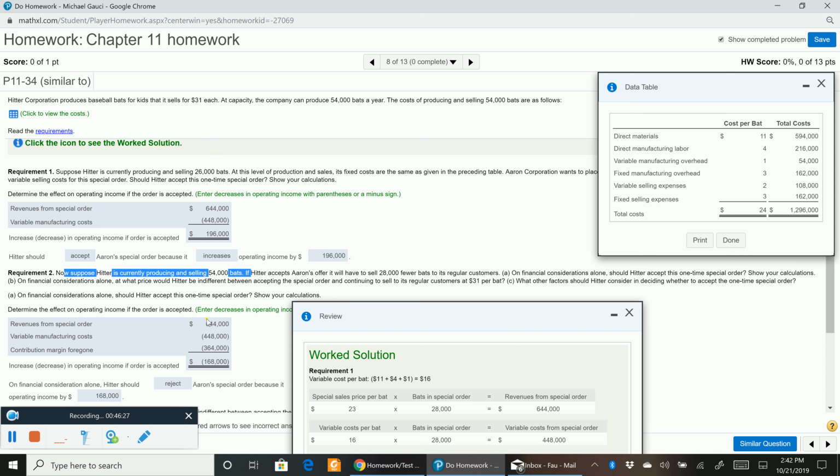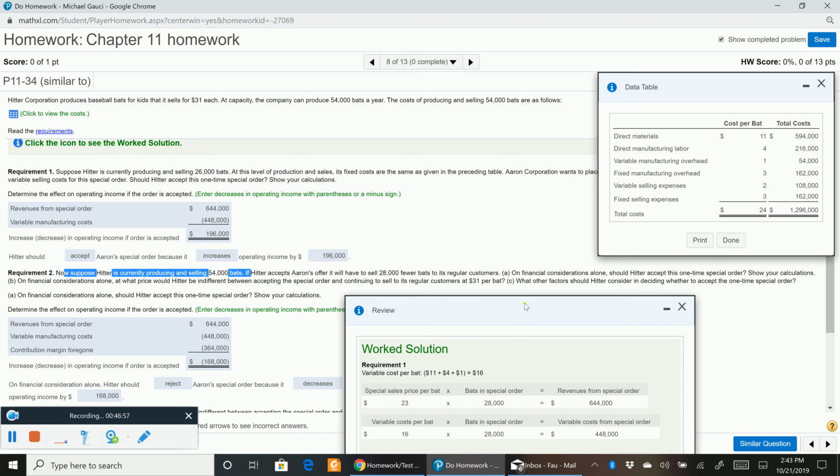So if we accept the offer to sell the 28,000 bats, guess what? We're going to sell 28,000 fewer bats to our regular customers. Would we even consider this? If we are making $31 a bat to our regular customers versus $23 to our special order customer, I'm not sure that this passes the smell test.